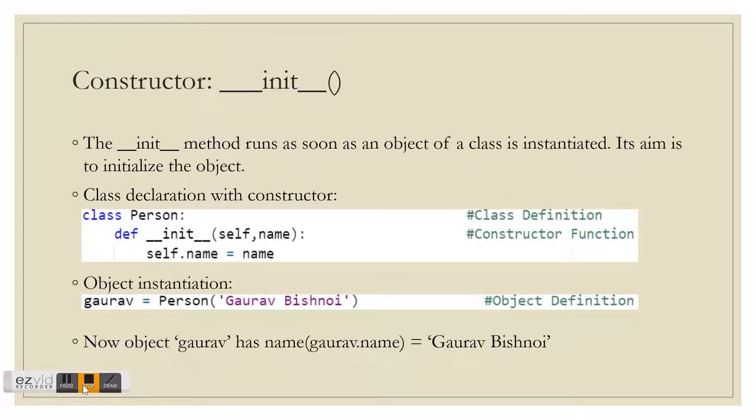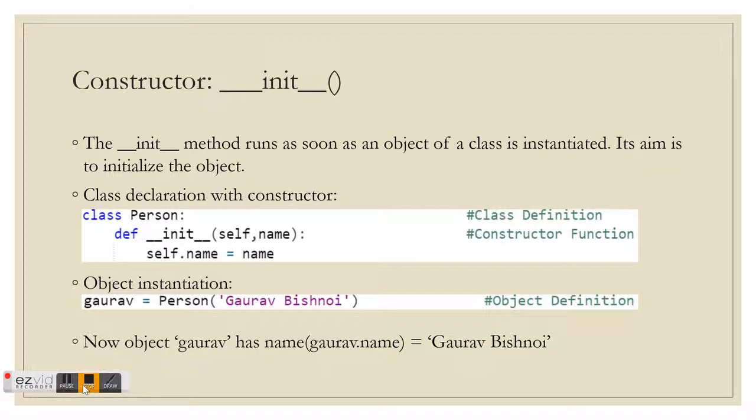So here comes the constructor function or method. This method runs as soon as an object of a class is instantiated. Its aim is to initialize the object. So as we have seen earlier, I define a class named person, for example.